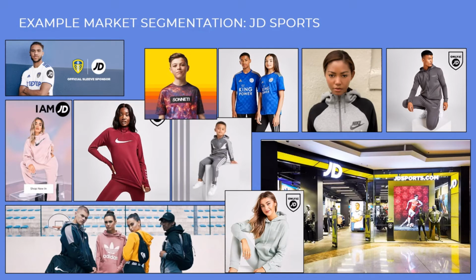So they've got football kits and things like that, because that might be what people are interested in. So you can see that they are segmenting the market and they're trying to hit as many different areas as they can. But when they create a customer profile, for example, a female of 16 years old, they will start to tailor their products specifically towards those people.